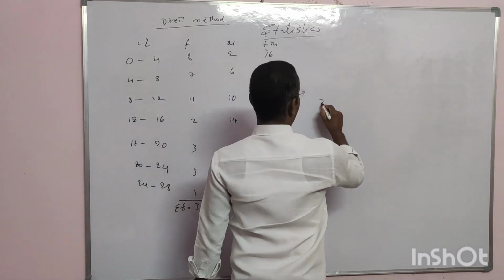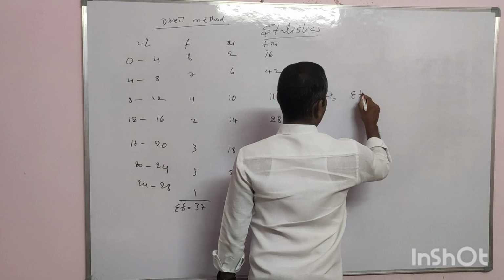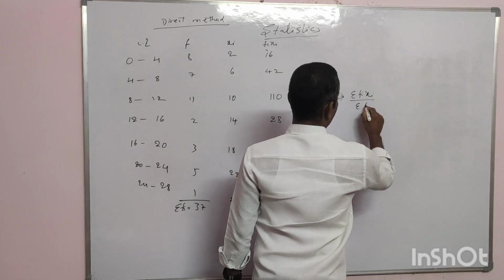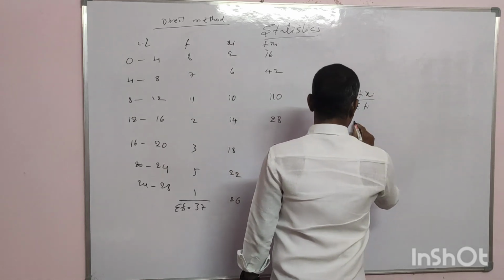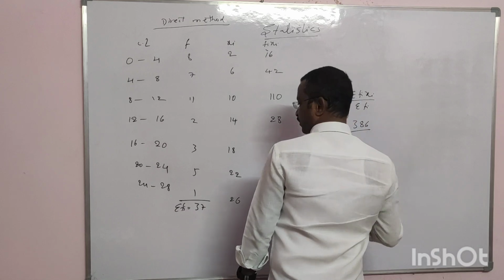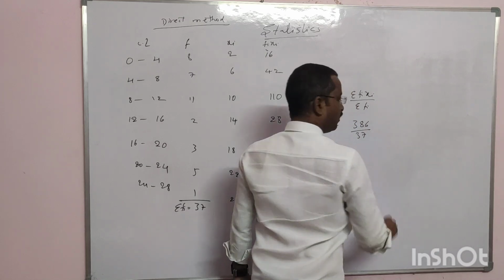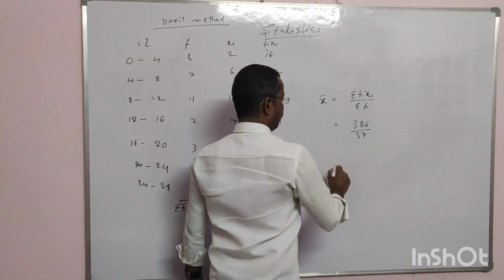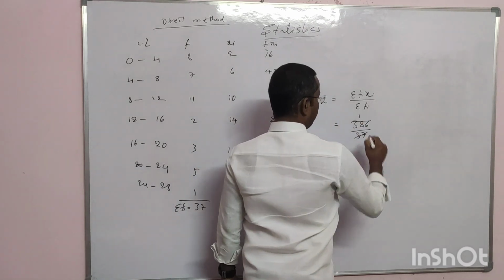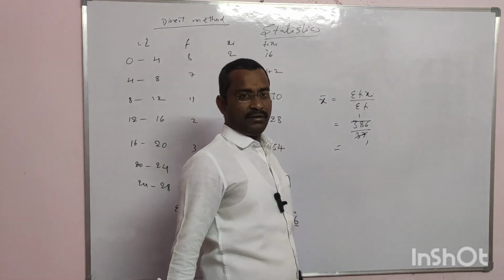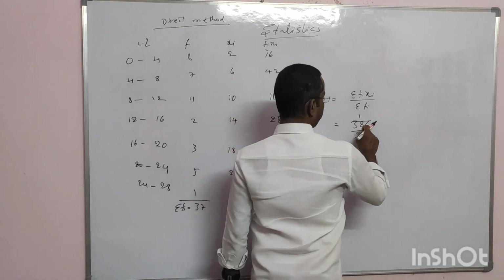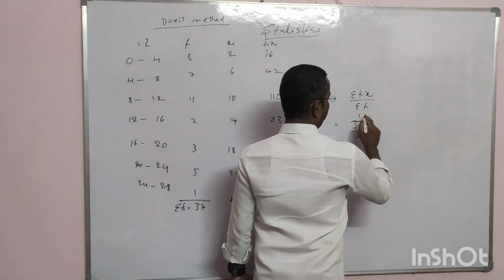So your x bar is equal to sigma Fi xi by sigma Fi. Sigma Fi xi is 386, and sigma Fi is 37. Let's divide with the decimal value. 37 ones are 37, 1 balance, so you got 10 and then put a point.